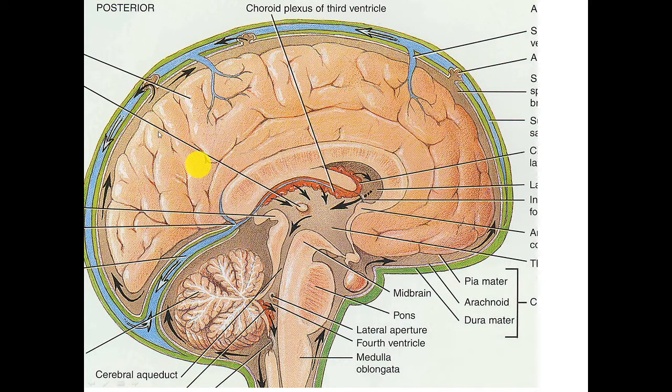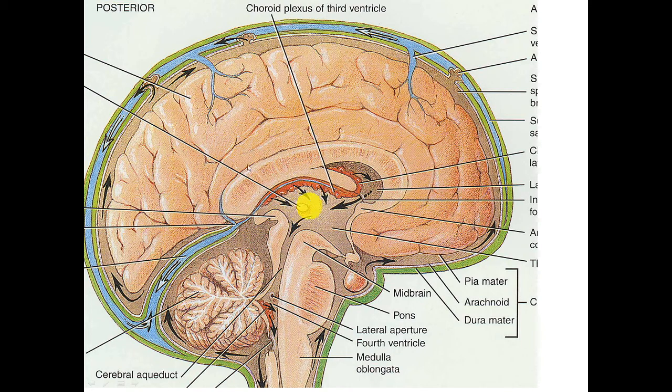The lateral ventricles are not displayed on a picture like this because they are offset. They're not on the center. So you won't see them because they are in this area right here, kind of on either side of that corpus callosum. So you don't see the lateral ventricles.